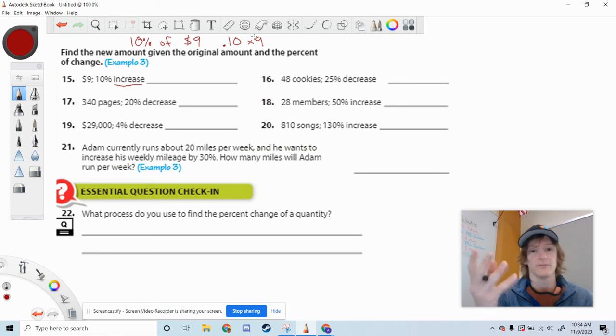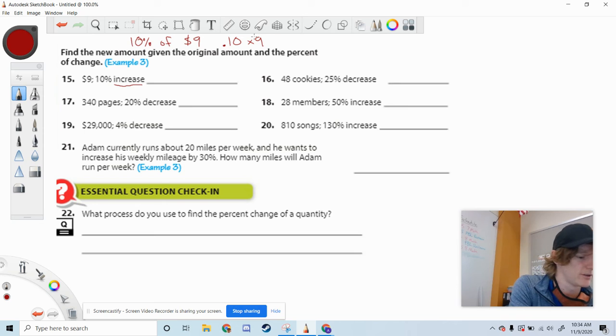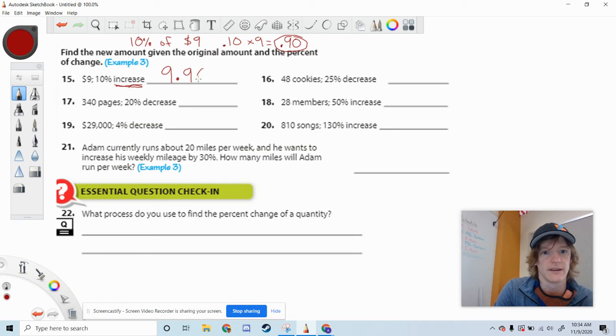So if we're using calculators, 0.1 times 9 equals 0.90. We're increasing by 0.90. We're increasing by 10% of $9. So this will be $9.90.